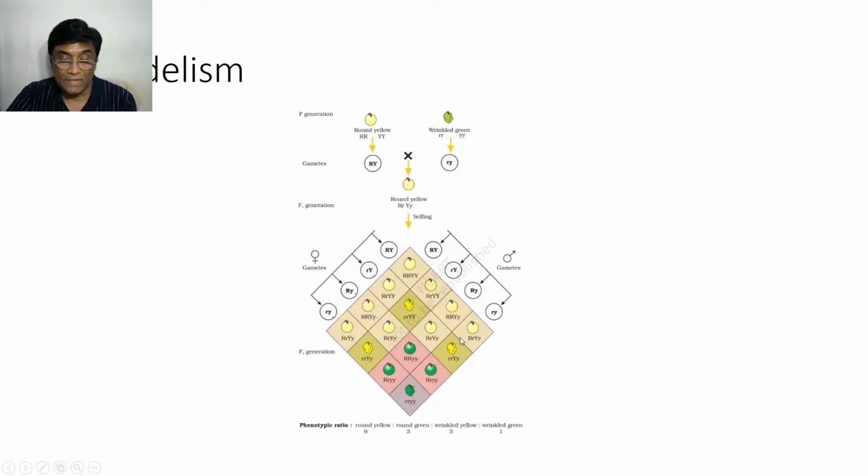So if you see in this second generation, round yellow 9, round green 3, wrinkled yellow 3, and wrinkled green 1. So this is the ratio of transmission of the character, the way hereditary characters propagate from generation to generation.